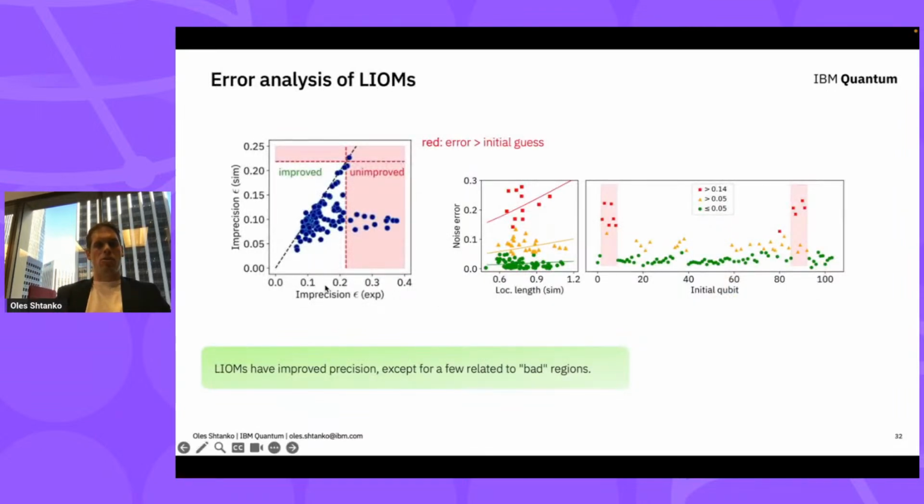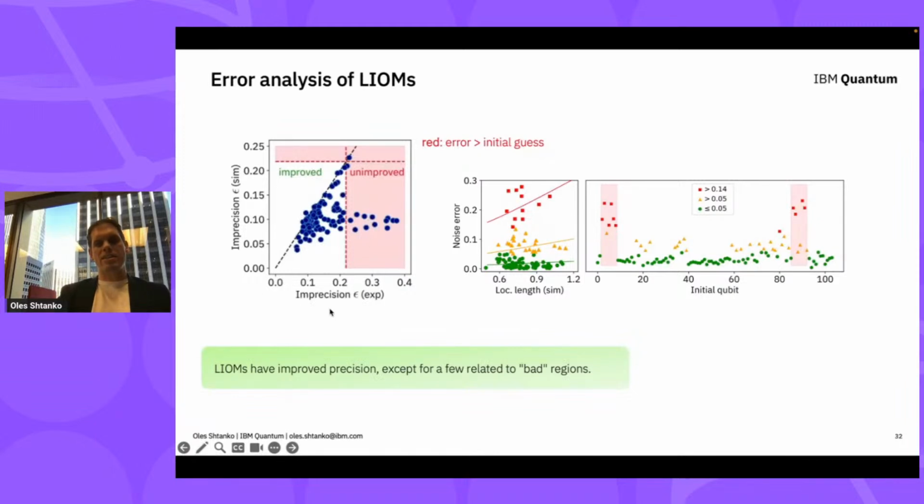To do so, we put all LIOMs on this diagram. Each dot here is an individual LIOM which we found previously. The x-axis is essentially what we expect from a noiseless device for our experiment, which is just the method error. It doesn't have noise error.